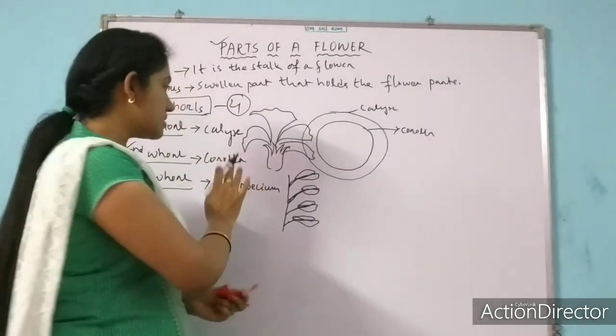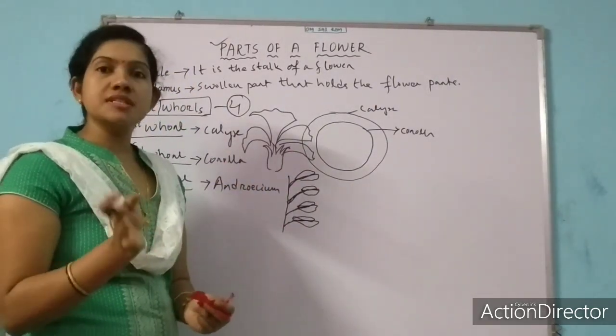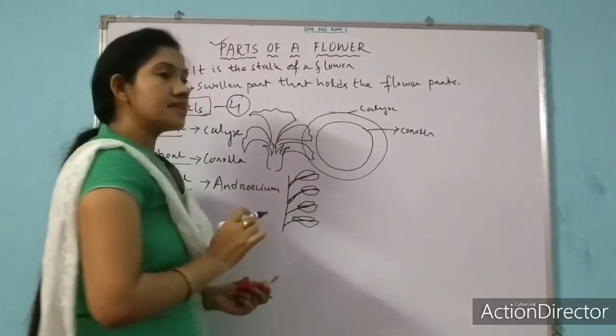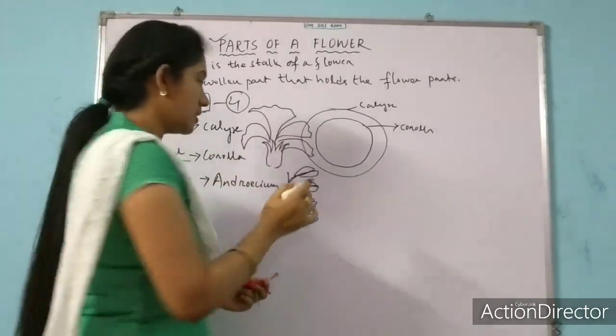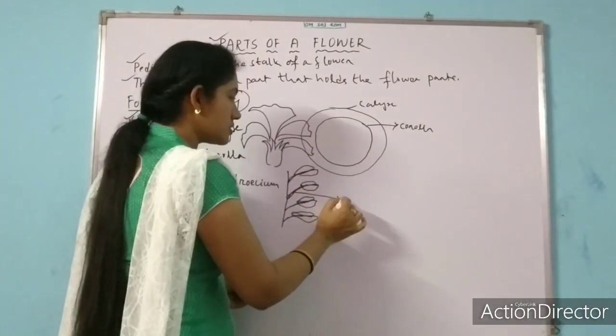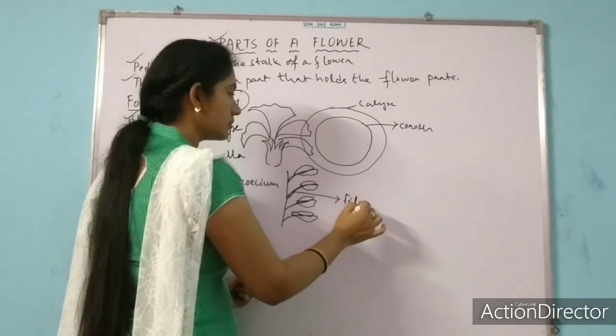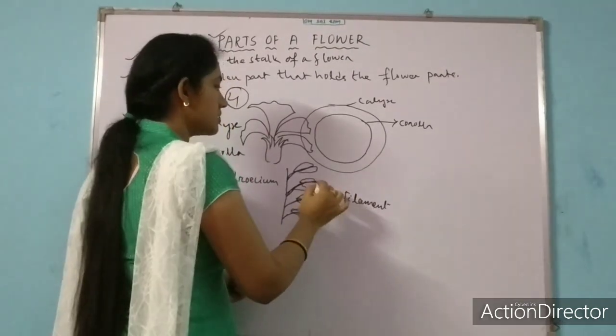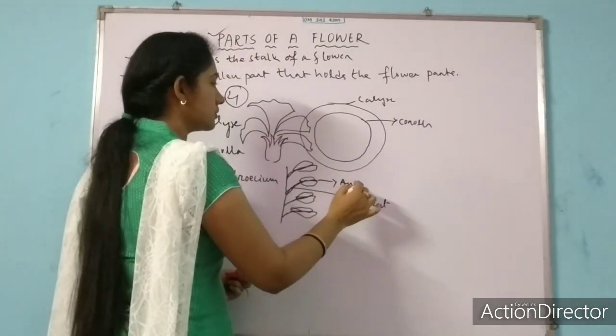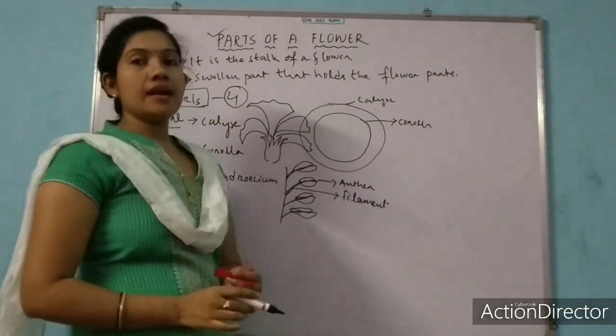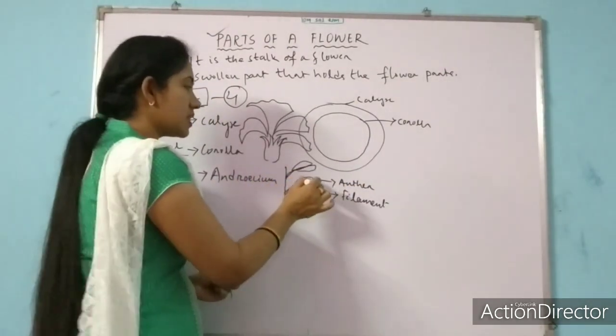So androecium is the collection of stamens, and a stamen also has two parts. You can see here, this is called the filament and this is called the anther. Filament and anther collectively form a stamen.